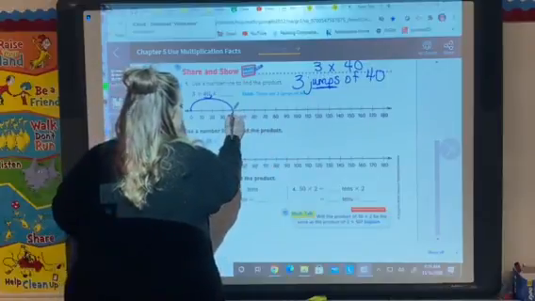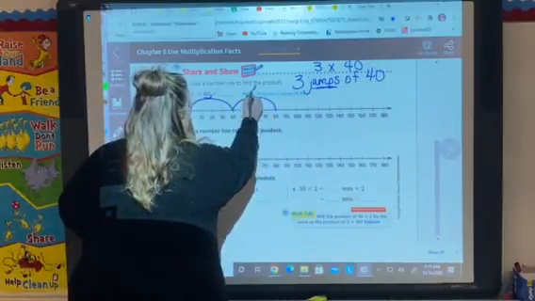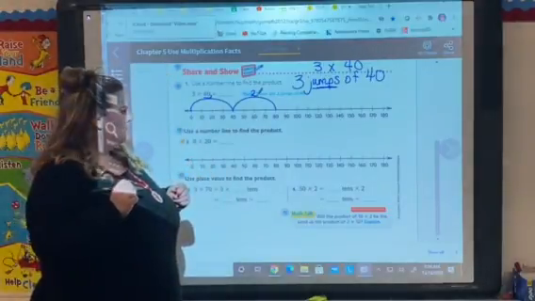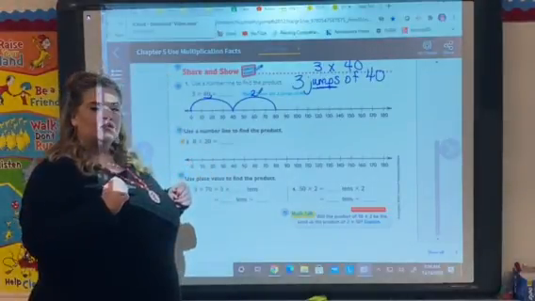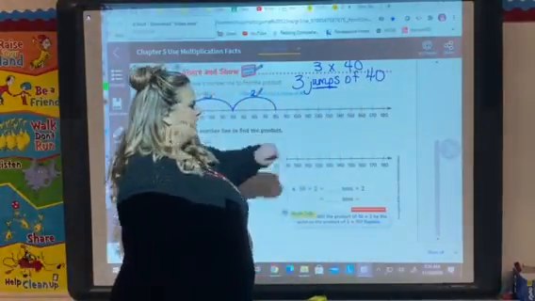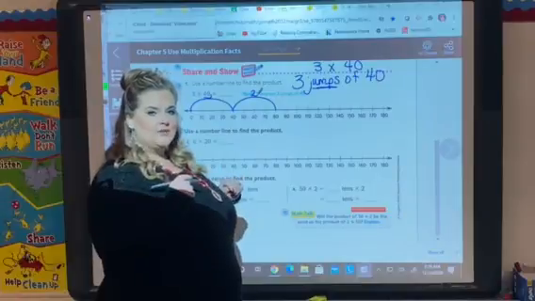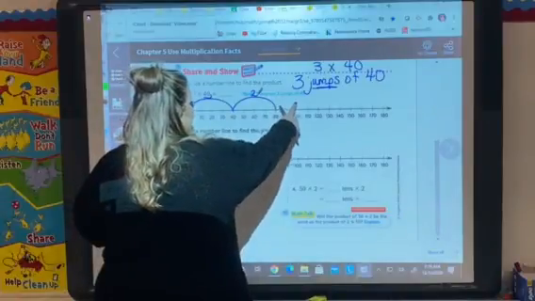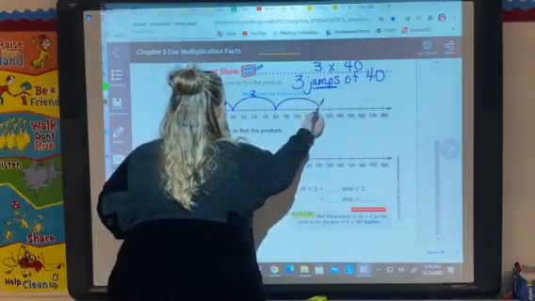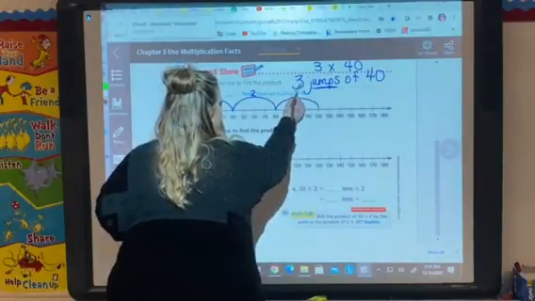So my second jump should land on the number 80, and there is my second jump. If you know what 80 plus another 40 is, then you know where to end. If you don't, then you need to count by tens again. 10, 20, 30, 40. And we're going to jump to 120.